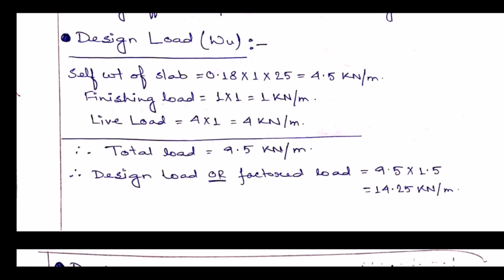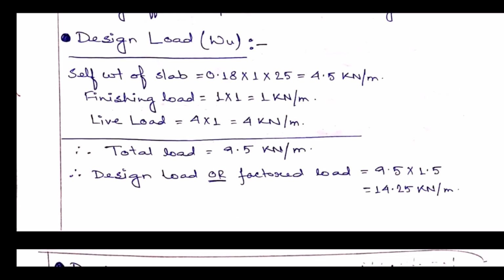Now live load is given 4 kilonewton per meter square in question. So live load is 4 into 1, that is 4 kilonewton per meter. This is multiplied by 1 meter width, which is in consideration, for the finishing load and live load. So total load will be 9.5 kilonewton per meter.